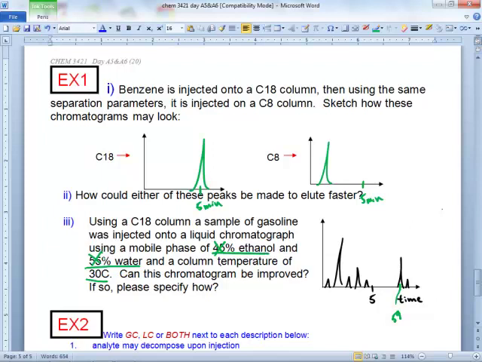This stuff, it's what type of column? C18, a very organic column. So the guys who come out last are the most organic. And which is your most organic solvent here? Ethanol. So crank him up to what? I don't know. That's what the chromatography is all about. You guess. You just increase it. I'd really bump it up high though. After 5 minutes. Make sense?